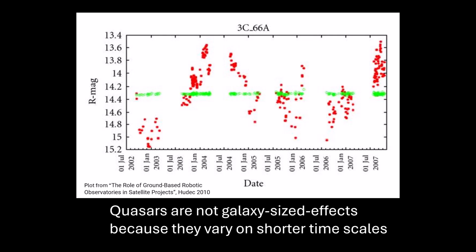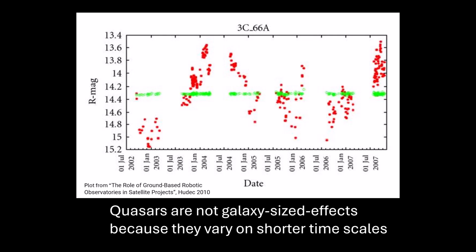And this gives us a hint as to the size, or at least it sets an upper limit for how big it can be. So this particular quasar gets brighter and dimmer on a 2 or 3 year time scale.